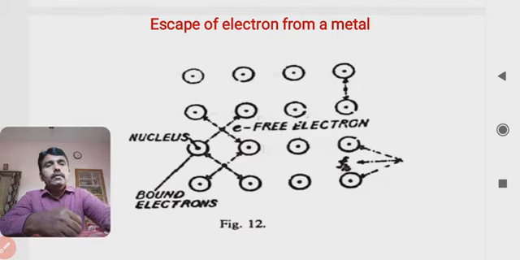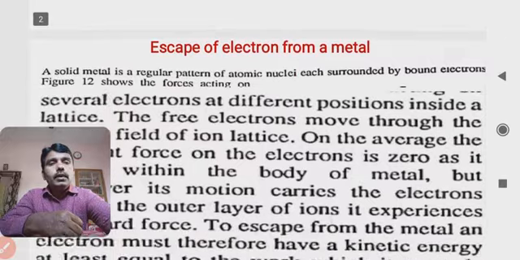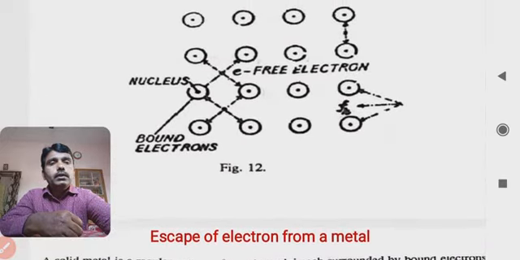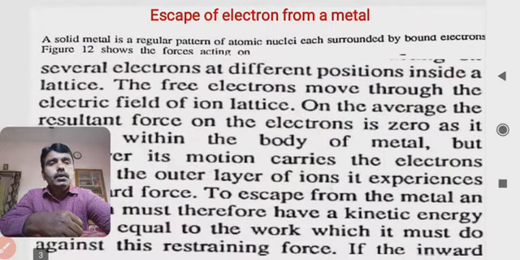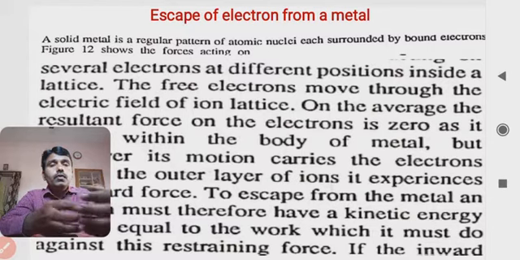Now when the required kinetic energy is given from outside, the figure shows how they are bonded. The resultant force is zero, but a sufficient amount of external energy is required to do some amount of work, moving the electron from one place to another against the force.